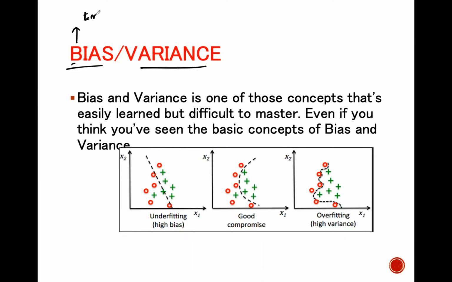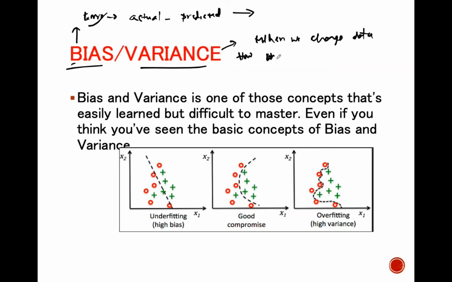Bias is the error between the actual and the predicted value. What is variance? When we change the data, how much the system's error and performance differ is called variance.